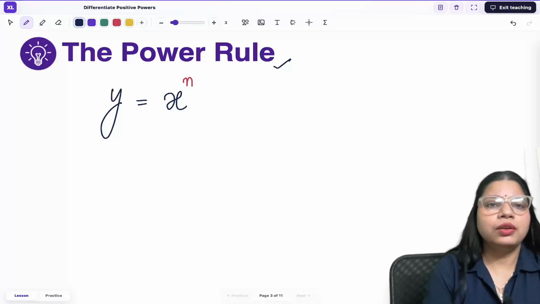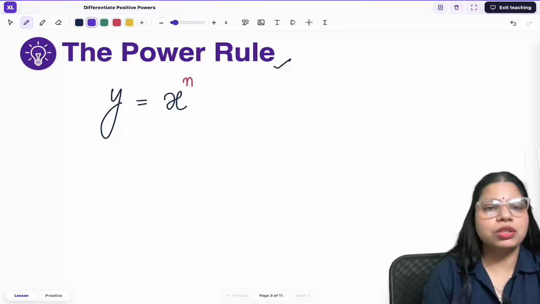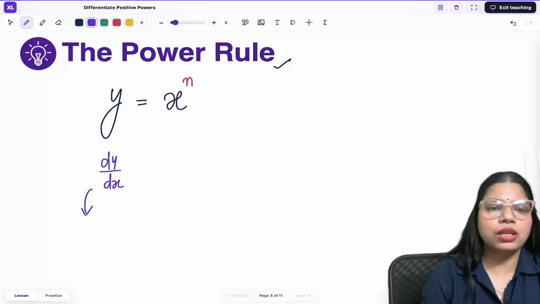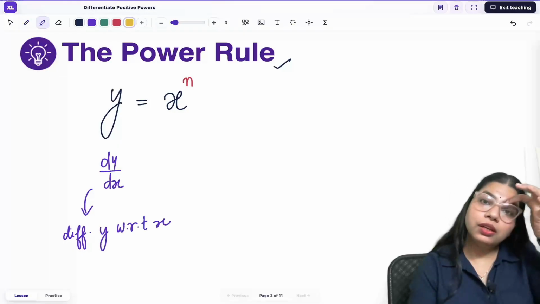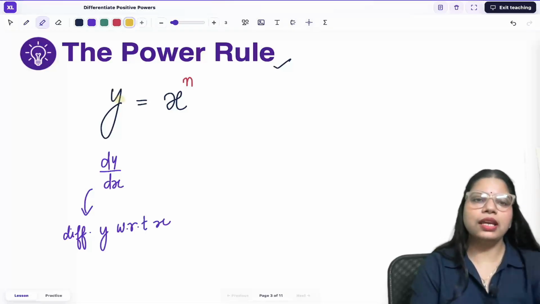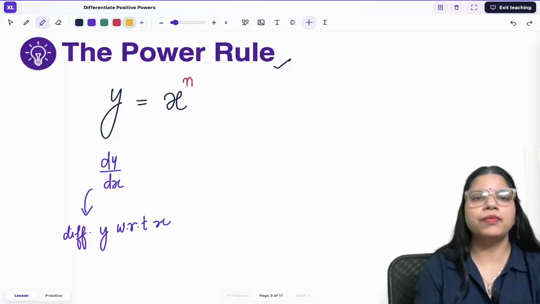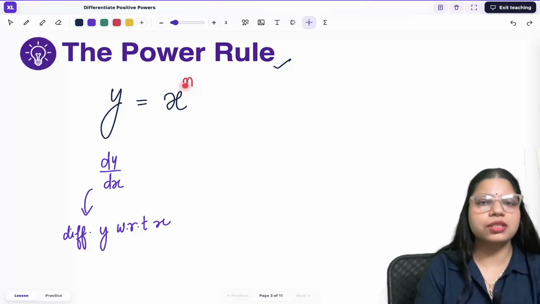So first thing, when you find the gradient, what to write on the left. We are finding dy by dx. What do we read it as? dy by dx, or we say we are differentiating y with respect to x. Does that make sense? We have y over here, and we are differentiating that with respect to x.